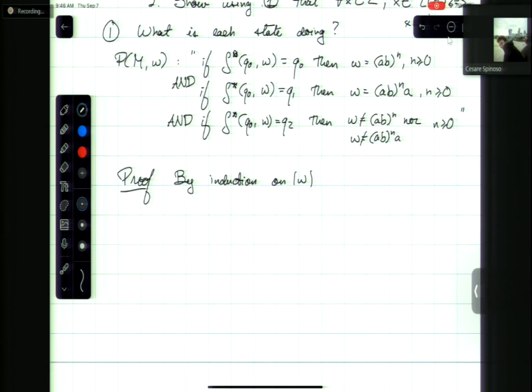So this is the statement. Now, it's going to be nice to use it to validate that my machine is in fact correct. And so that's the second step.